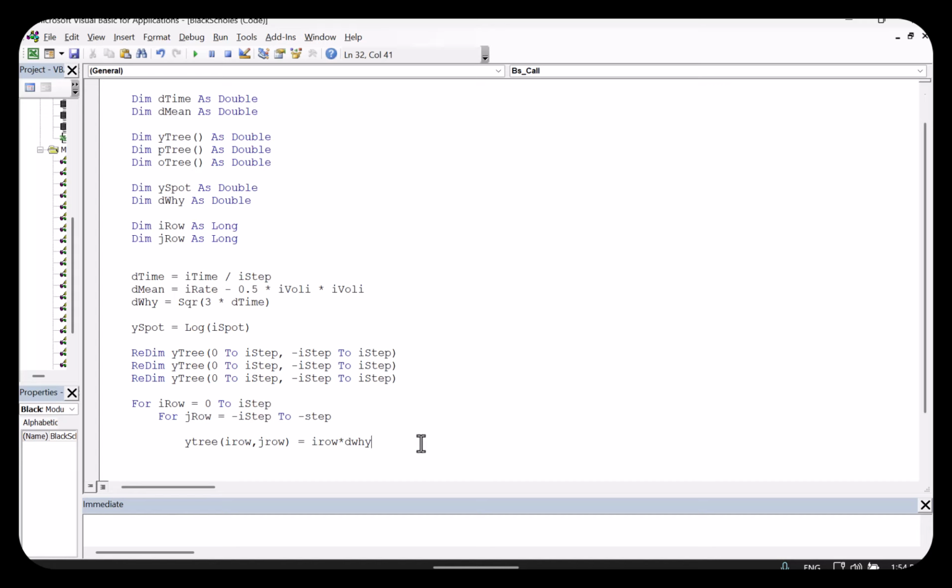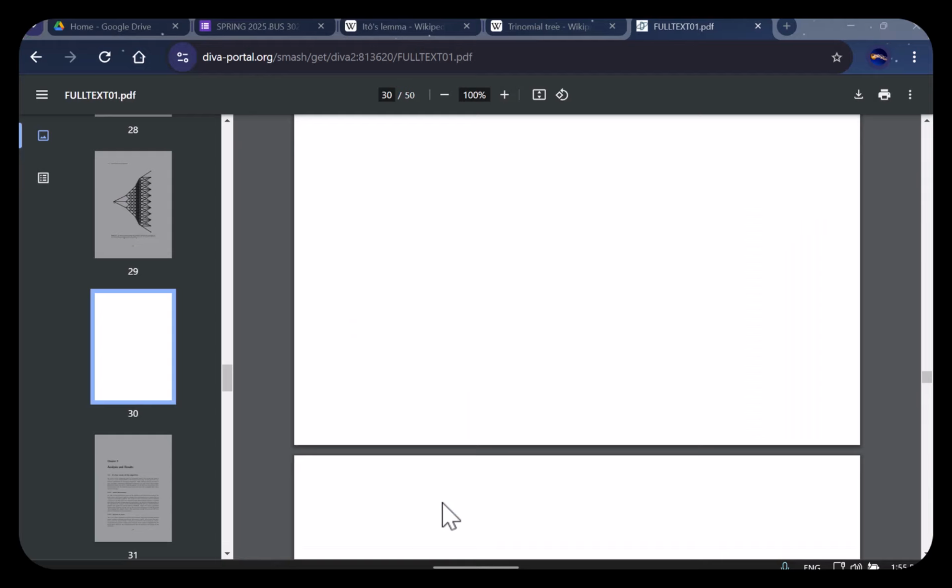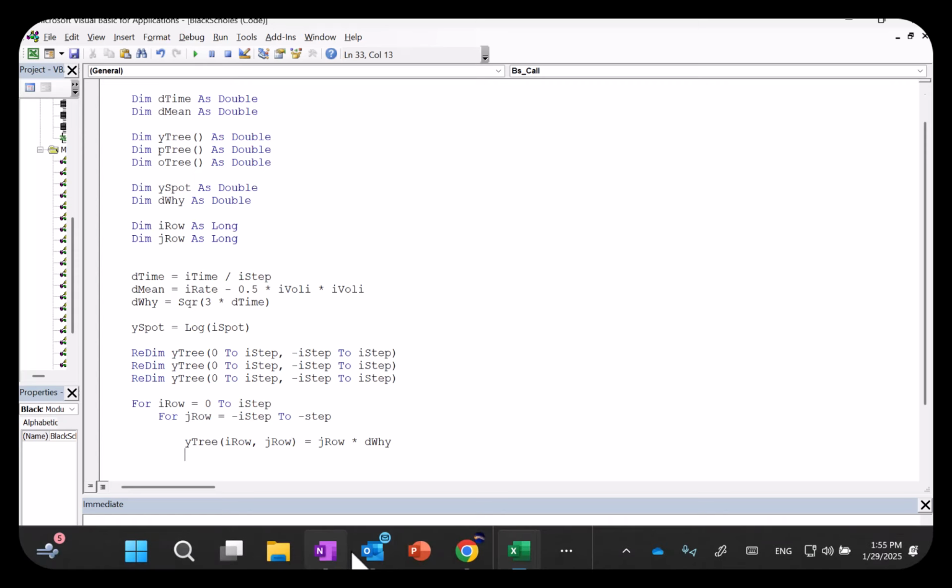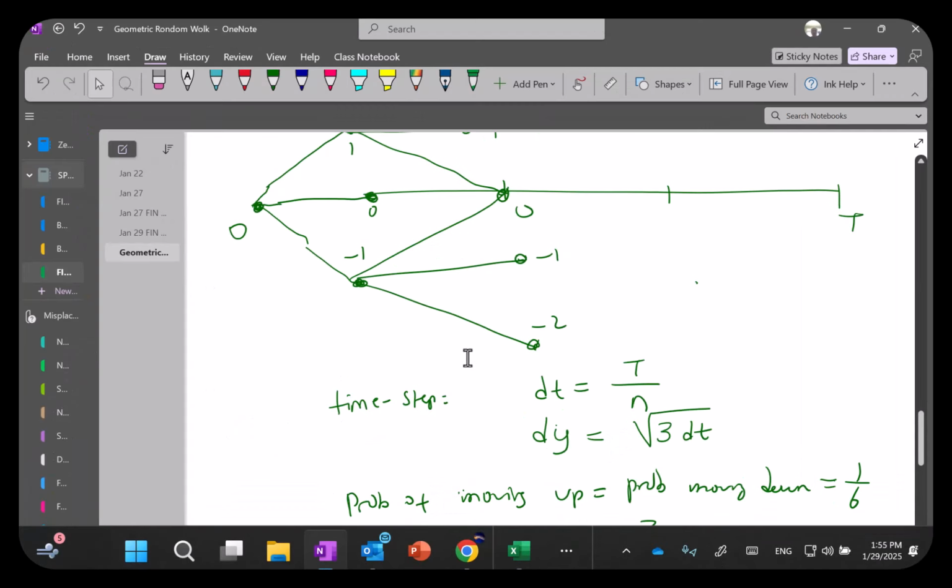No, j row times dy. If I'm in the second time step, the one at the very bottom is going to be negative 2 times that price step, right? So that's what my dy is.